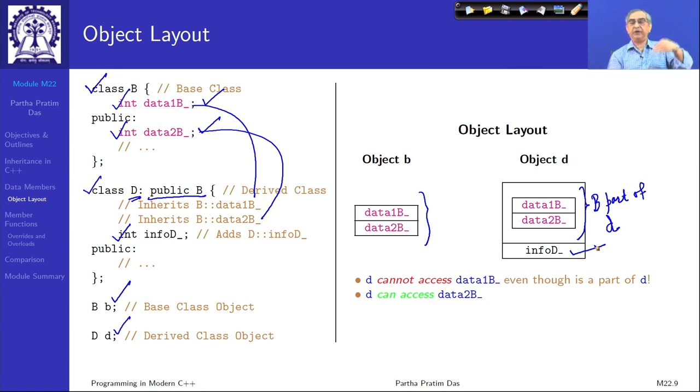And you can see that this is just for a single level inheritance. If you have multi-level inheritance, the containment will keep on growing.